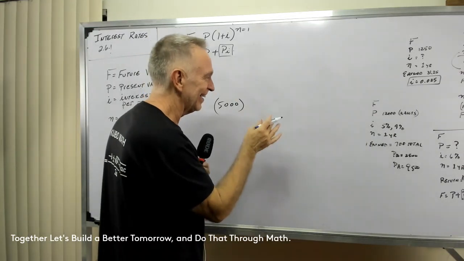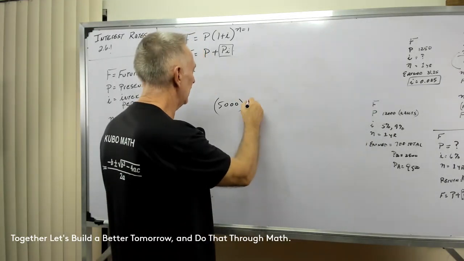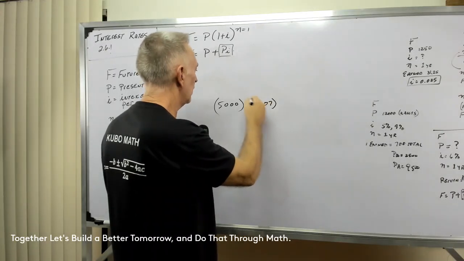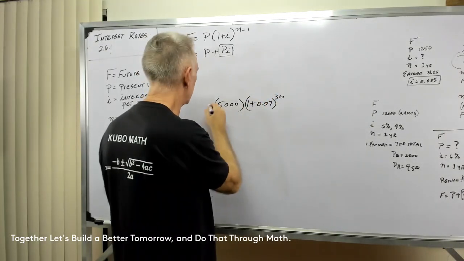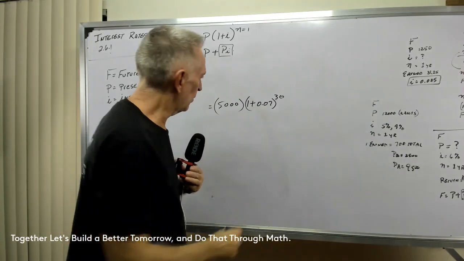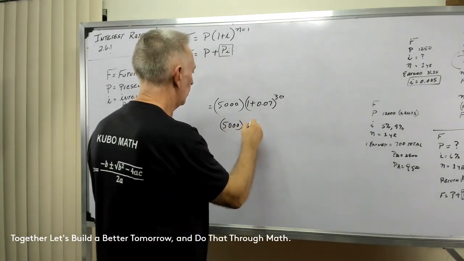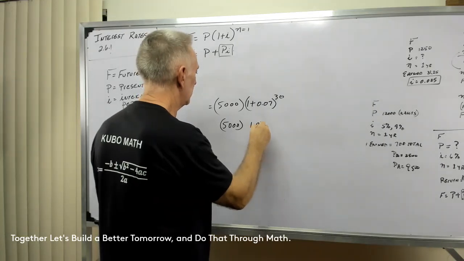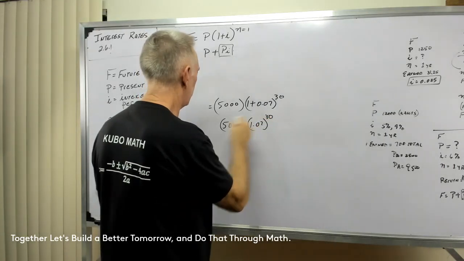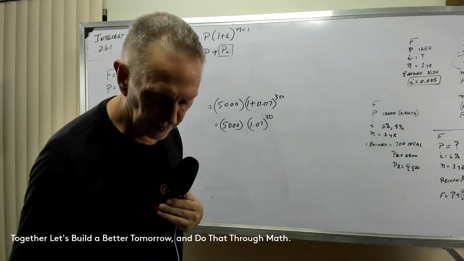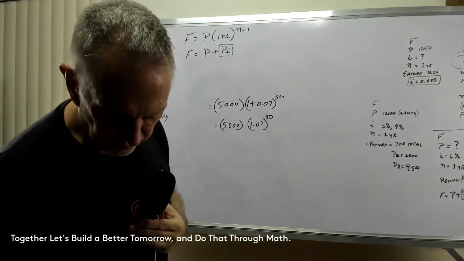If I had it, 5,000 at 7%, 30 years later, what would that money be worth? So 5,000 times 1.07 raised to the 30th power. Whoa. 5,000 times 1.07 to the 30th.